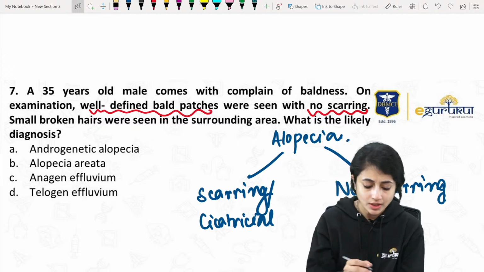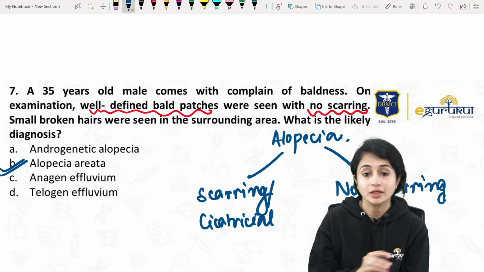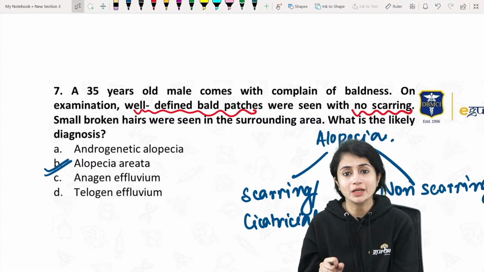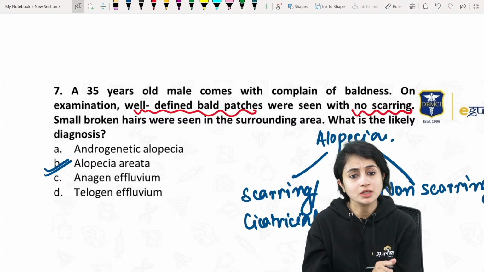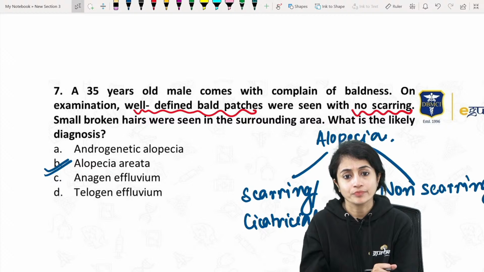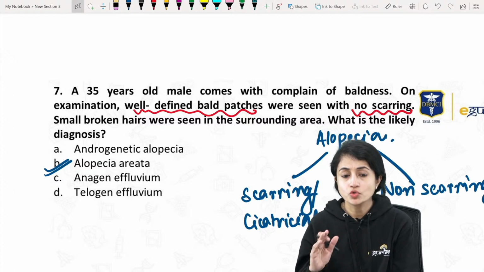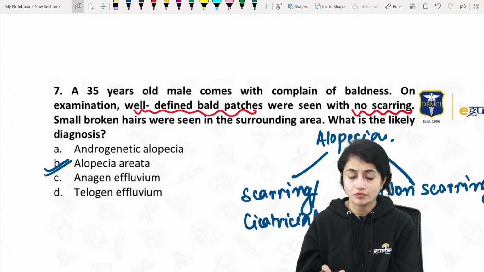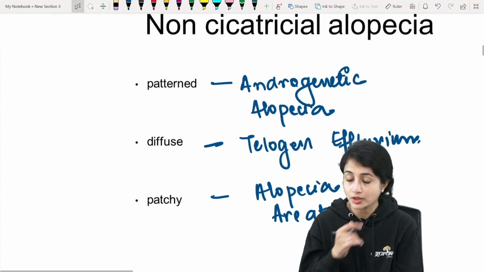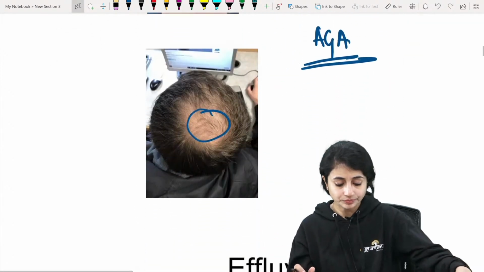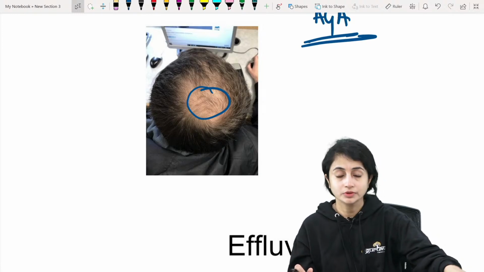So what is it? It is alopecia areata, well-defined bald patches with small broken off hairs in the surrounding. Okay, so you should be knowing about how to differentiate between different types of non-cicatricial alopecia. Right?